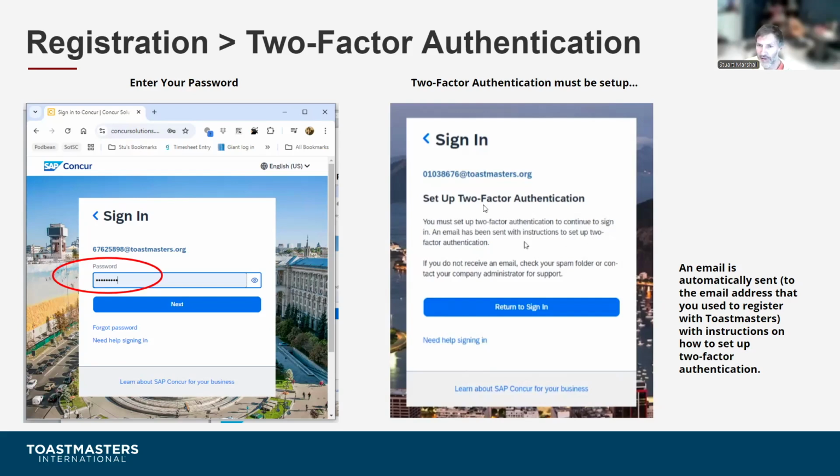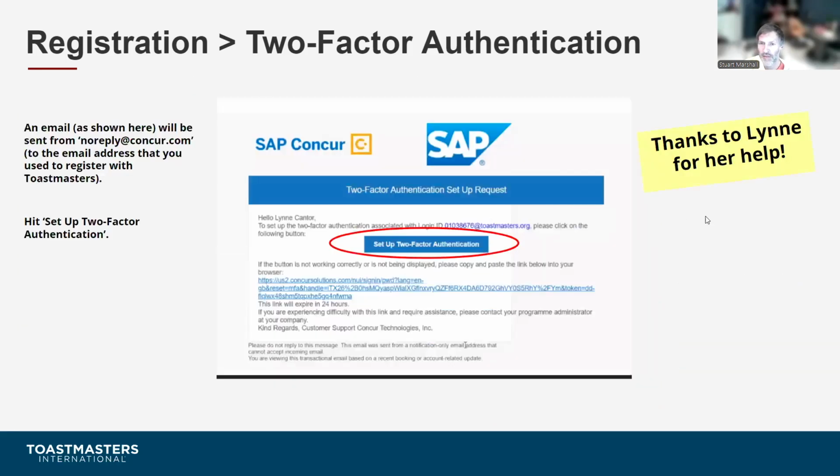Set up two-factor authentication. Once you've got to this point, it automatically sends you another email to the email that was used for registering with Toastmasters, that should look exactly like this example here. It comes from the address noreply@concur.com.